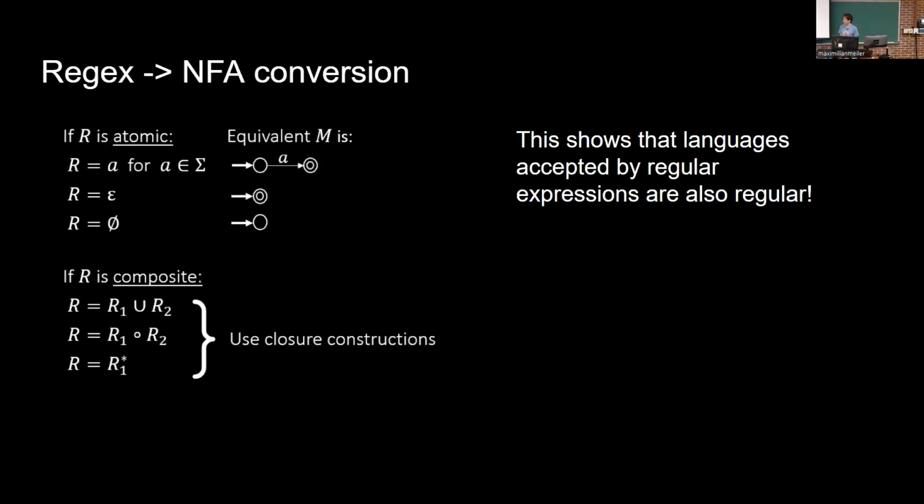Okay, are we ready to move on? We can actually convert regular expressions to NFAs. This is pretty straightforward. We have these methods to convert machines. Say we have two regular expressions, R1 and R2. We know how to turn the machines into R1 or R2, like union them together.